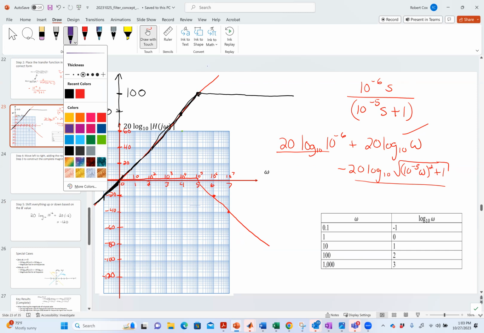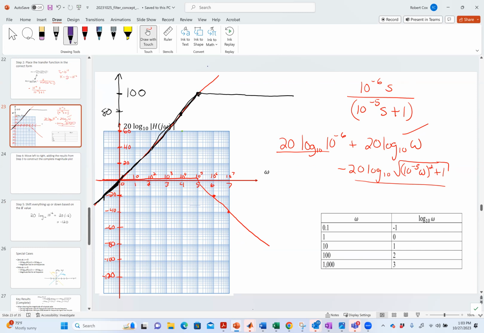Go with purple. So I'm going to go down here. This guy would be flat at negative 20. And then what would he do before that? He'd be rising. He'd go like this. All right, this is my graph.